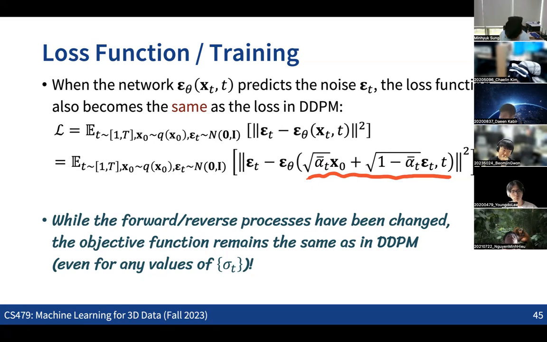So that's very important. Also, even when you choose arbitrary values for the sigma t parameters here, the same noise predictor can still be used for the forward and reverse processes of the DDIM.